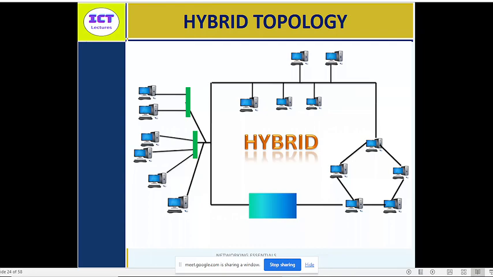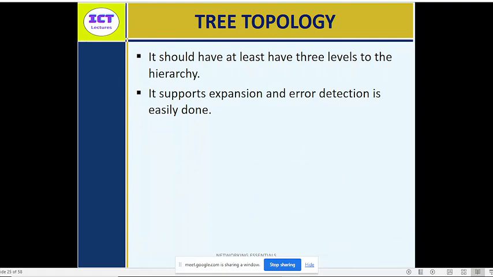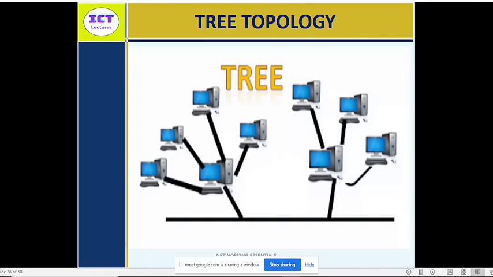The one on the left is the tree topology, which you haven't looked at, but here it is. Tree topology, as the name suggests, connects devices in a form of branches, right? So it supports a lot of expansion, and as you can see, it also acts as a hybrid topology in that you can have a backbone cable connecting to a star topology. Someone might ask, what are the advantages and disadvantages? Very simple.